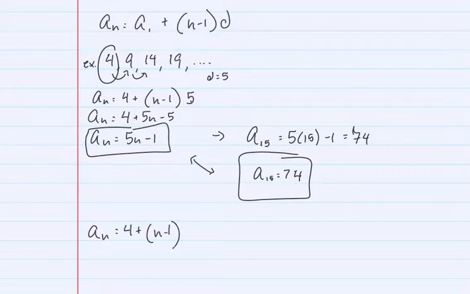Let's say instead of the common difference being +5, I subtracted 5 every single time. So d equals -5. Make sure you put that in parentheses, otherwise our order of operations is going to change, and it will change the answer. These two are not equal, so make sure you put that -5 in parentheses and distribute it properly.